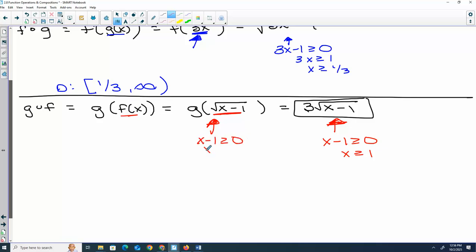Same, isn't it? Okay. So my overall domain is 1 to infinity. What questions do you guys have?